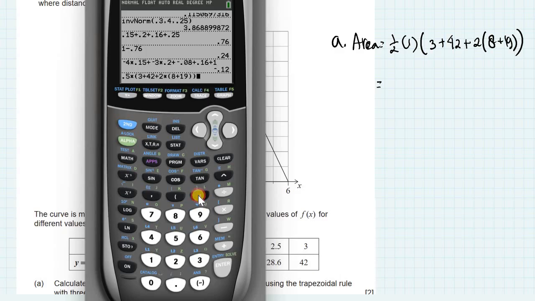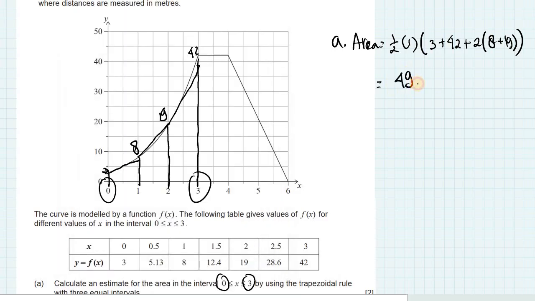Enter, and we get 49.5 meter square. That's question A.